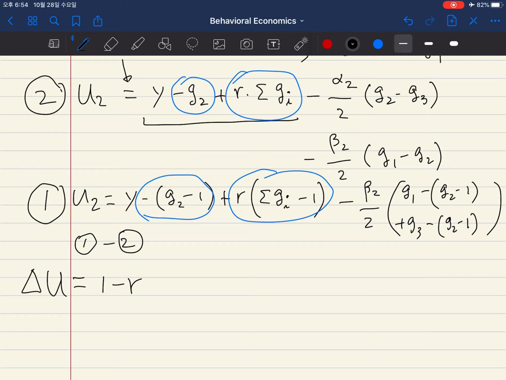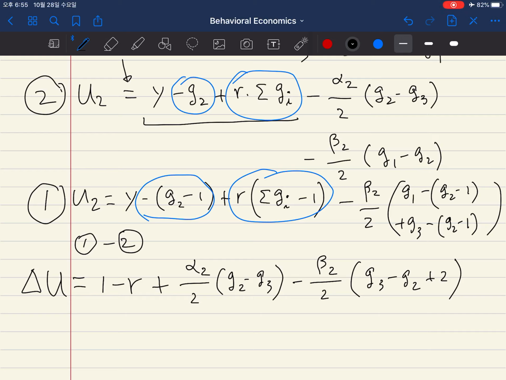Now let's think about inequality change. So if we subtract number 2 from number 1, eventually we get this expression. So this is the utility change.